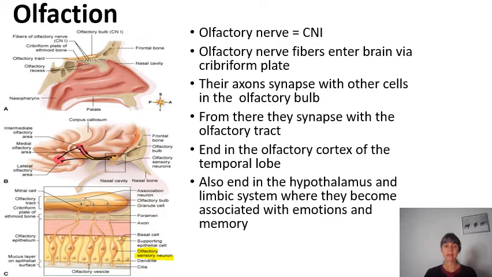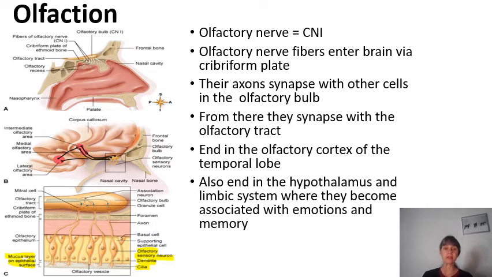we see that these bipolar neurons have dendrites that extend down towards the layer of mucus found on the epithelial surface inside the nasal cavity. And they have branches on their surface that are cilia, and that helps to increase the surface area for chemoreceptors for these dendrites.